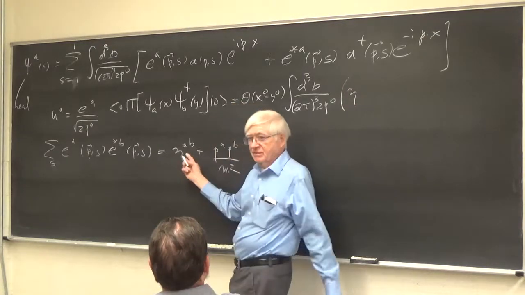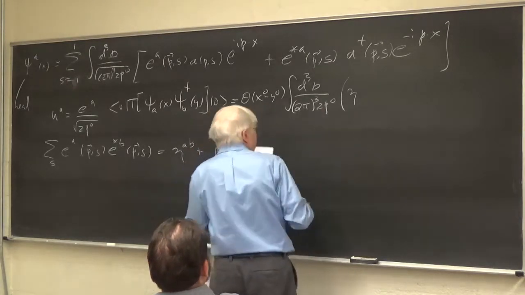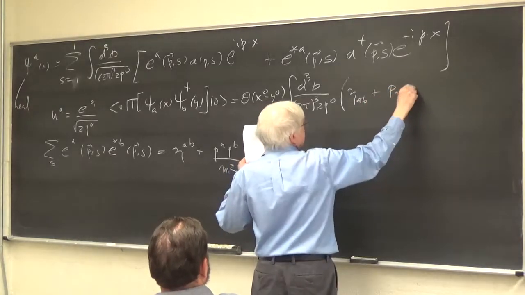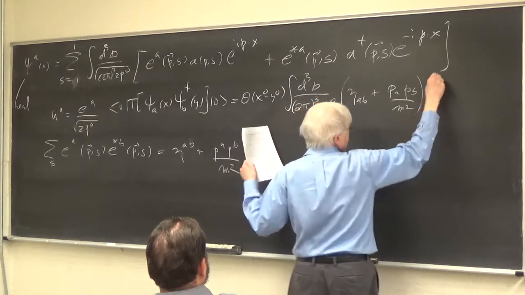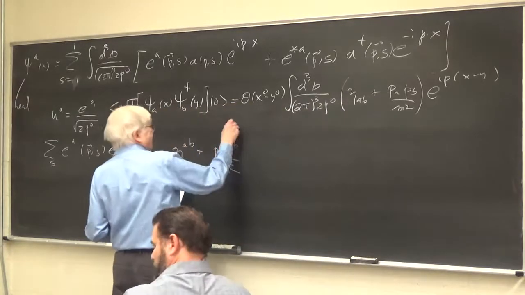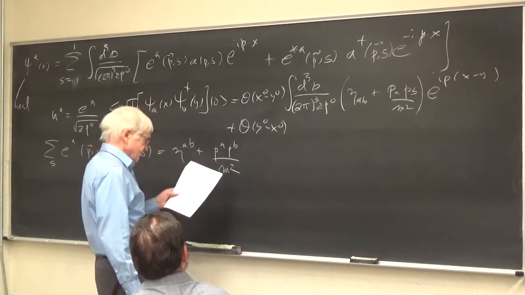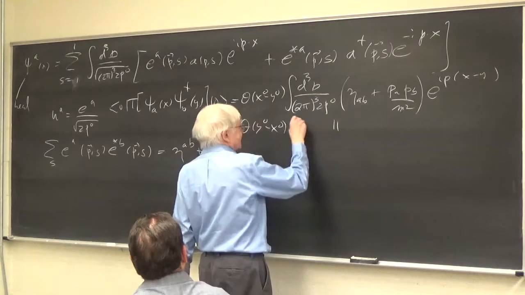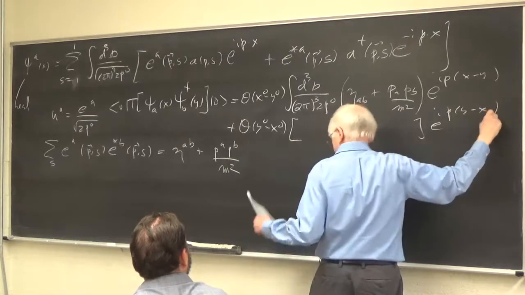Eta, of course, is the flat space metric, minus 1, plus 1, plus 1, plus 1. And the other term is plus theta of y0 minus x0, and just to save time, I'll just write ditto, e to the i p·(y minus x).